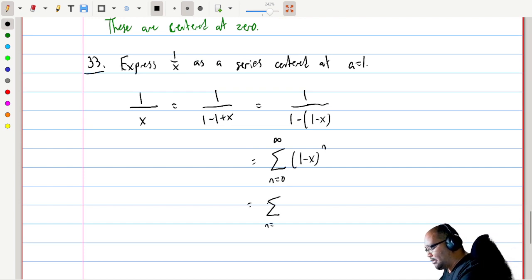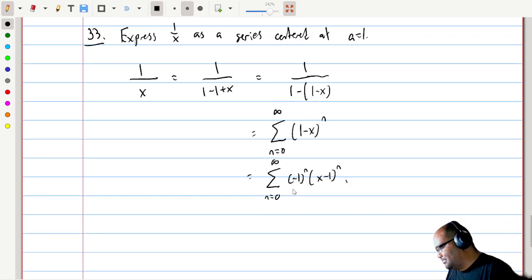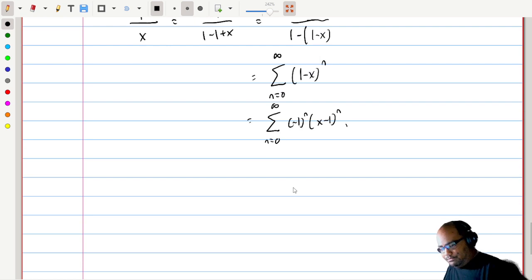Multiply the inside by -1. I get the series that I need. That's how you do it. Okay, it takes a bit to understand this little dirty trick here. We'll show more of that here.